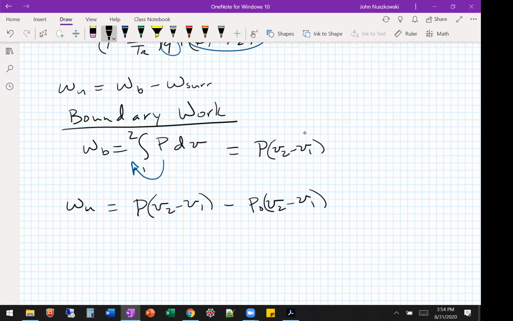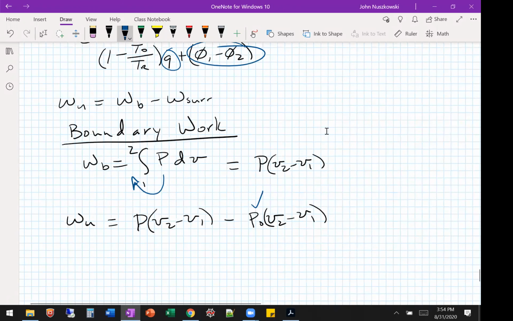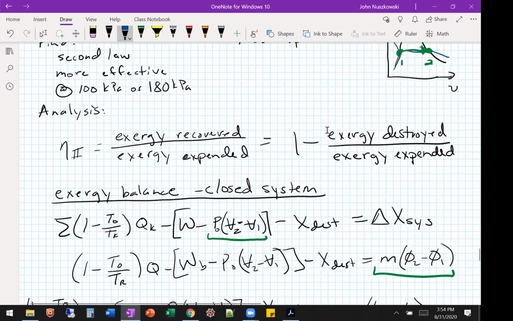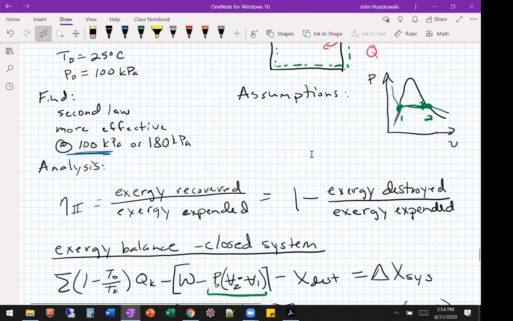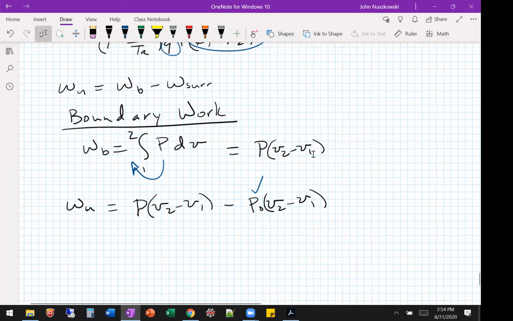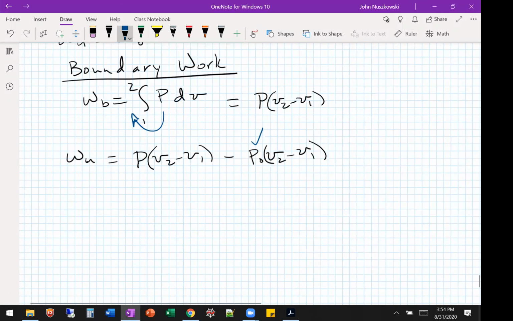So for the dead state pressure, we'll do the 100 kPa first.